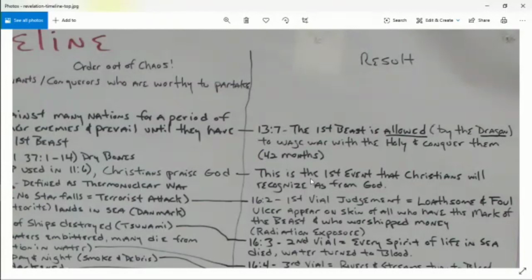But let me continue just a little bit more and connect the dots all the way through chapter 12 to chapter 13, and I'll show you how this connects real quick, because you probably haven't seen some of this. Now, let's just continue what it said, because you end the second woe here. After 3 days and a half, the Spirit entered them.